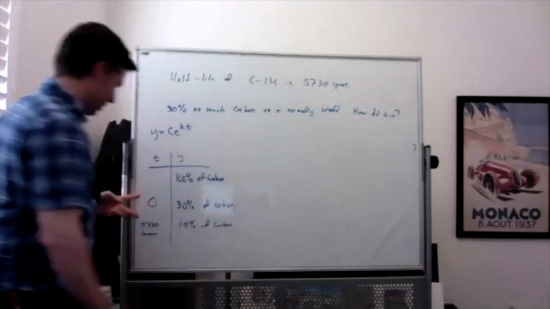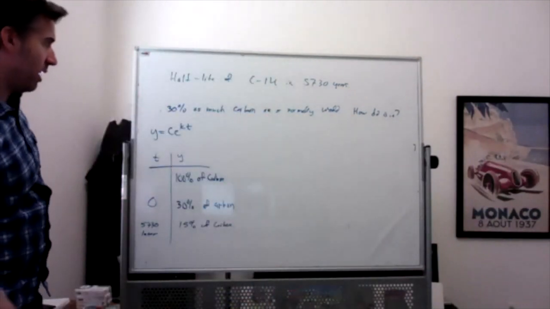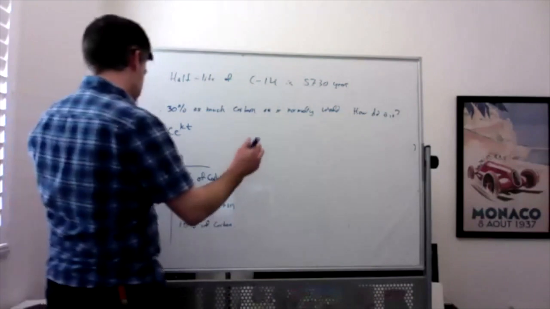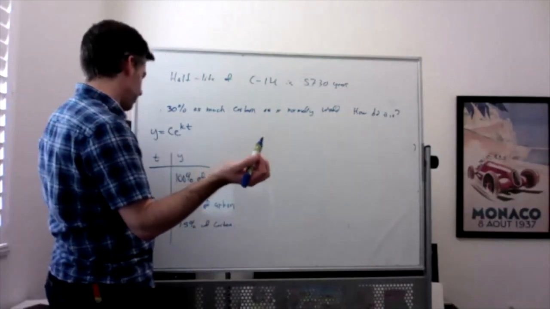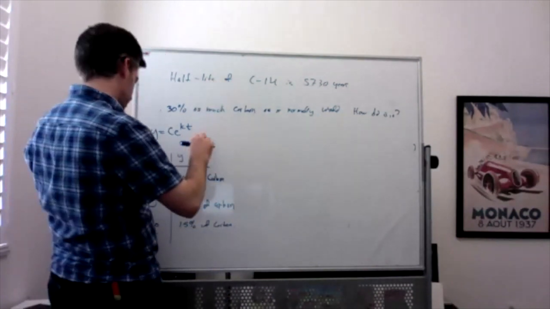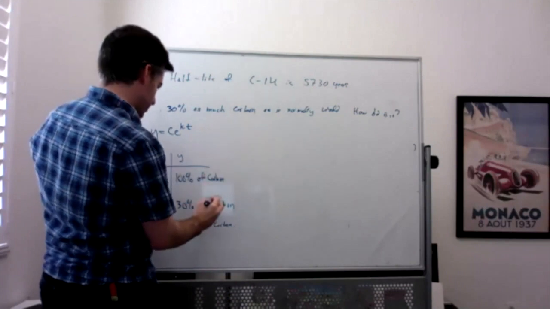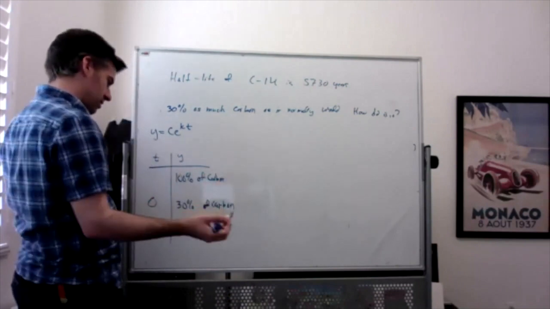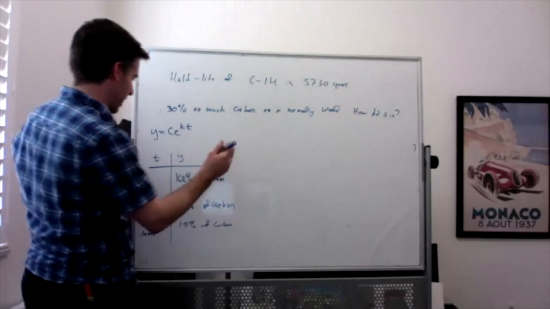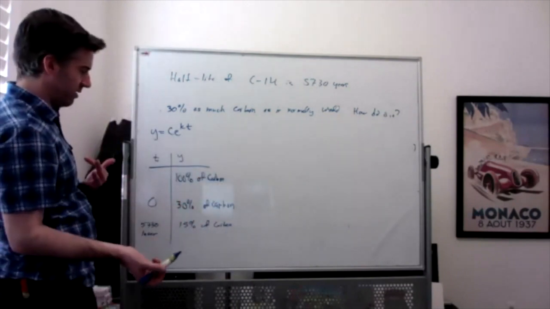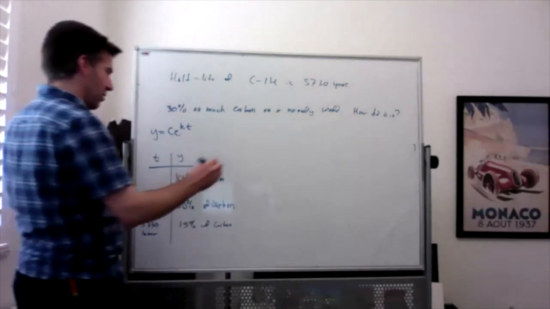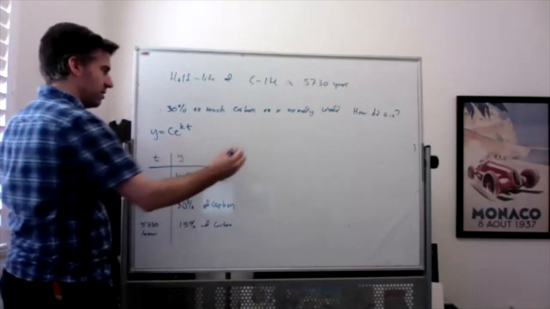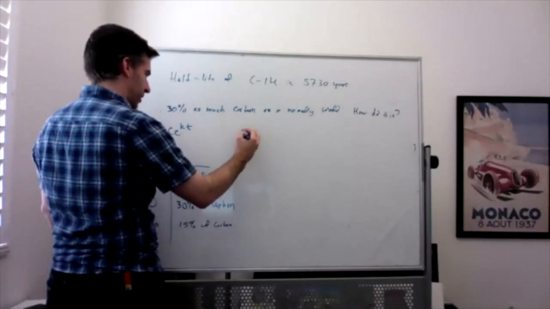So what I'm going to do is use these 2 pieces of data. This is where I have to justify to myself what I'm doing right here. I'm essentially saying when time is 0, I've got 30%.